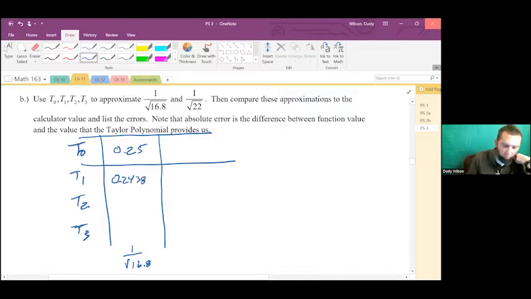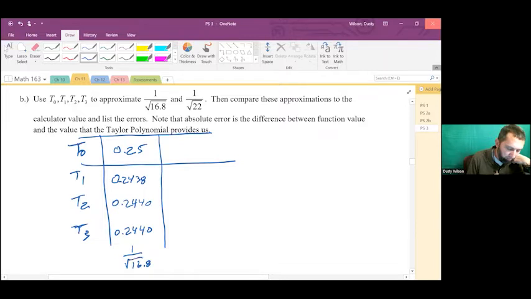And the next one over would be 0.2440. And the next one over would also be 0.2440, just rounding to 4 decimal places.